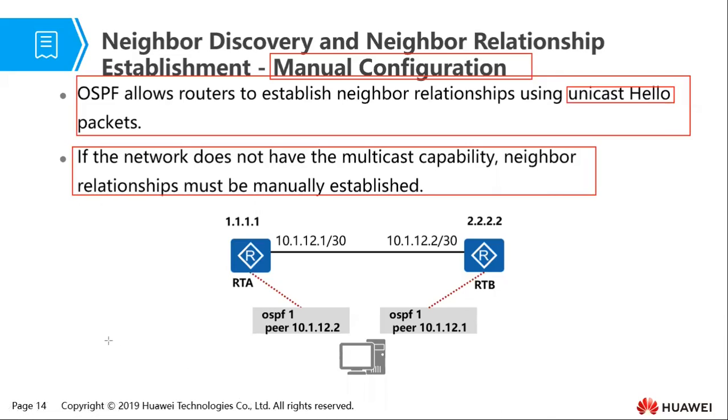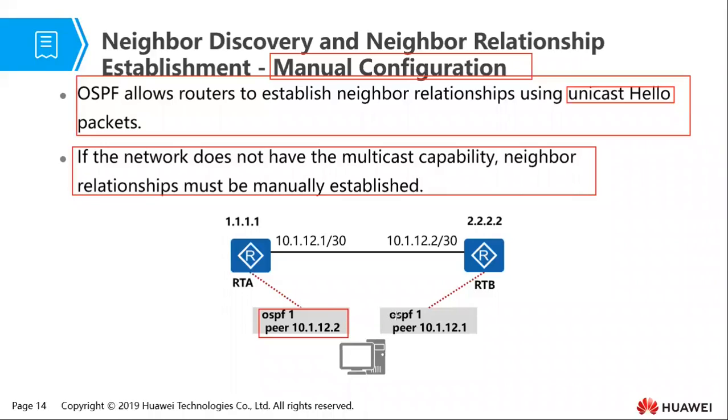So how to do that? You've connected these two routers, RTA and RTB, over a network that does not support, for example, multicast. If you want to manually establish the neighbor relationship, you use this command.